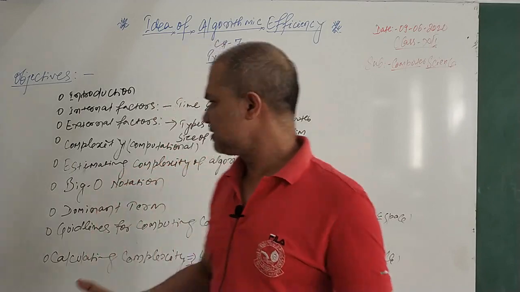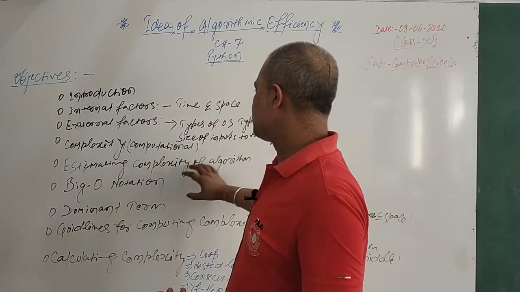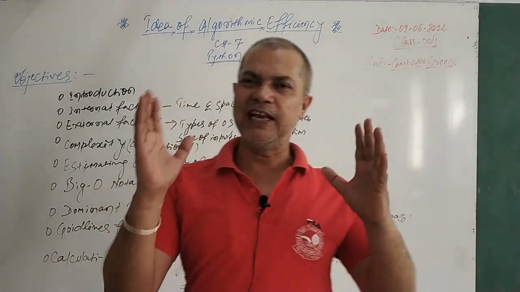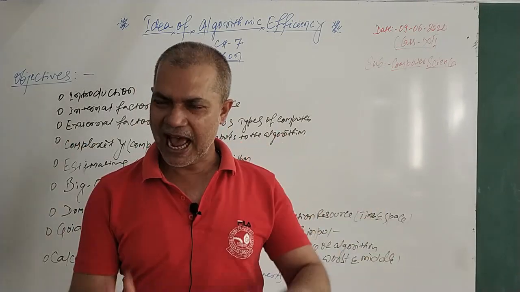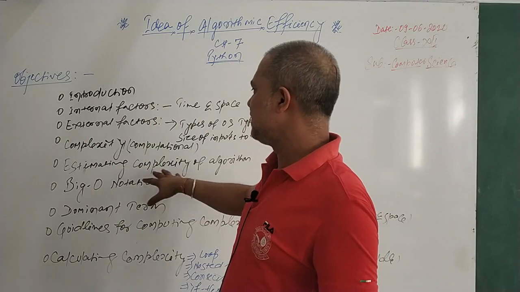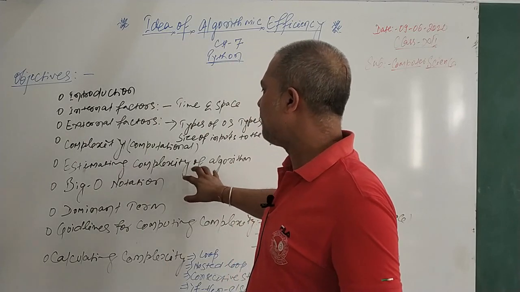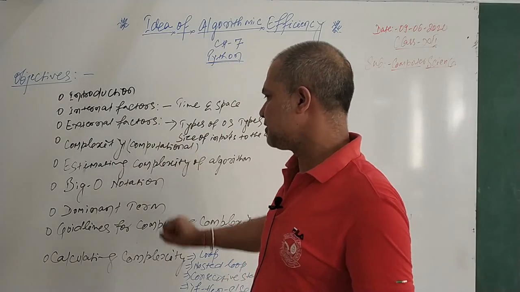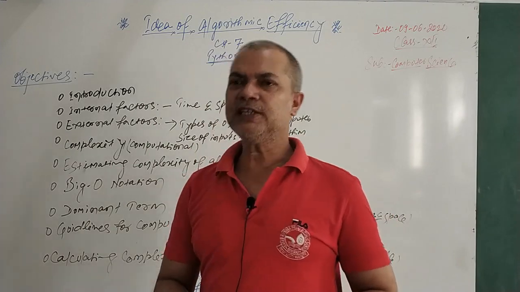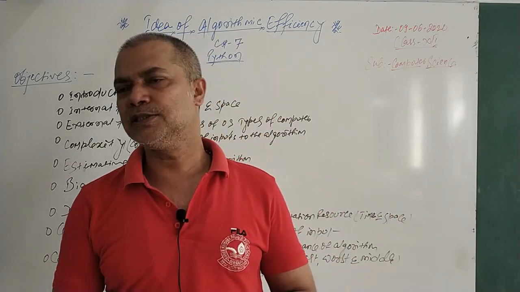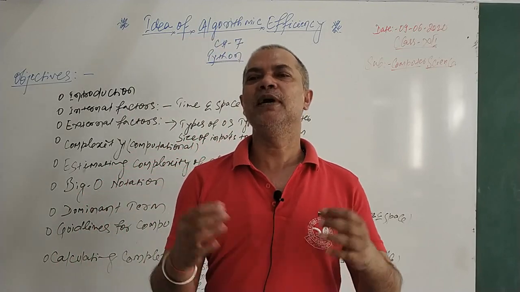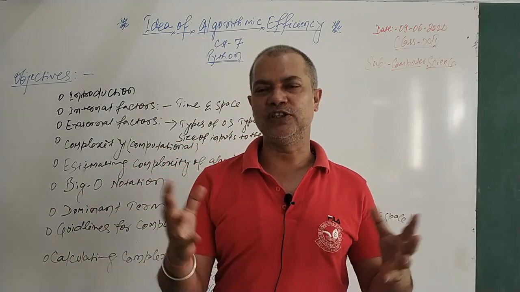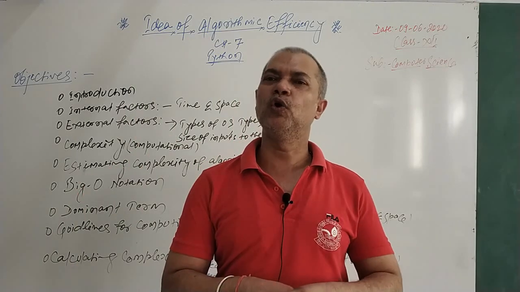These two factors basically determine the complexity of the algorithm, how little time and how little memory the algorithm uses. That tells us how complex or how easy it is. Now there is a notation called big O notation to measure the complexity, to measure the efficiency of any algorithm. So we'll talk about the big O notation.